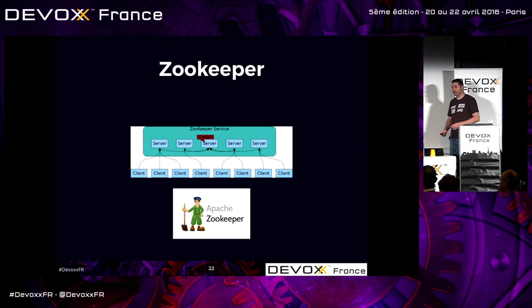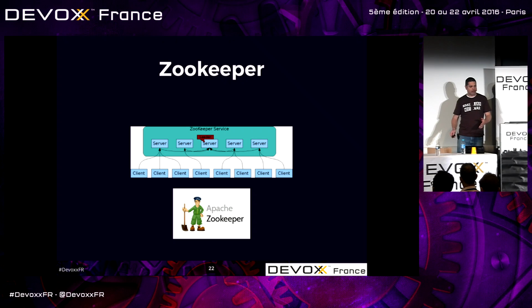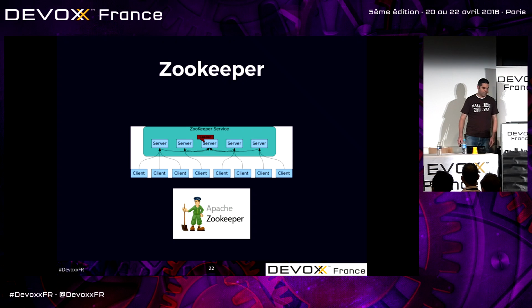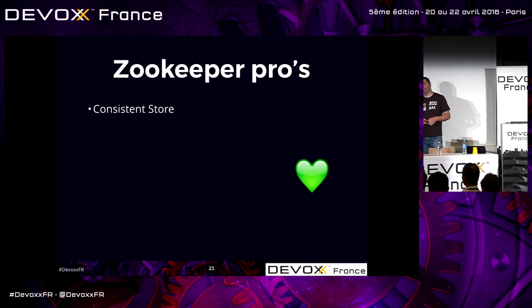So Zookeeper is another system that people use for configuration and service discovery. It's the oldest one of this bunch. In fact, Netflix uses Zookeeper as part of their stack, just not for service discovery. It's a consistent store, and using that consistency, you can do all sorts of different things.